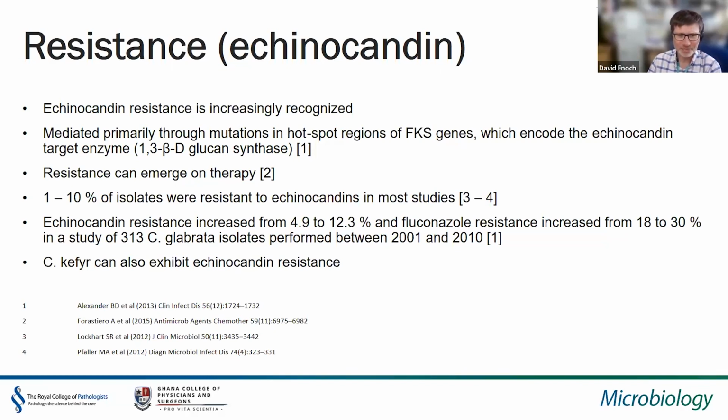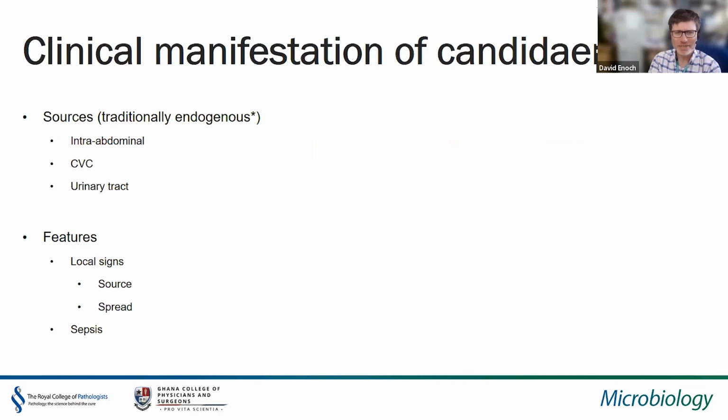So in terms of clinical manifestations, the clinical features, well, that depends really on the source. The source traditionally has been the patient's own flora. So typically it's bowel, it's intra-abdominal, and then there's been maybe a tissue perforation or something like that. Or it's mucosal Candida that then managed to get into the bloodstream.